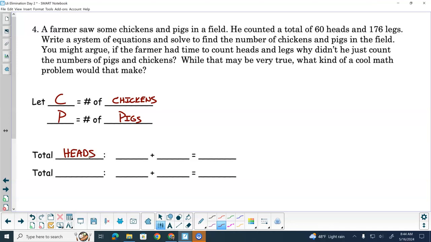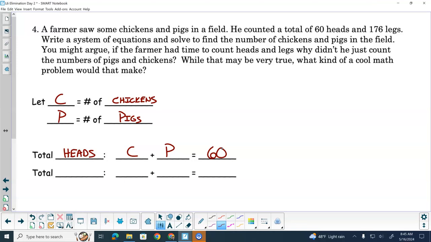C. We got C chickens, right? How many heads does each chicken have? 1. So that would be just C. Pigs. How many heads does a pig have? 1. So that would be P. And how many total heads are there? There's 1 equation.